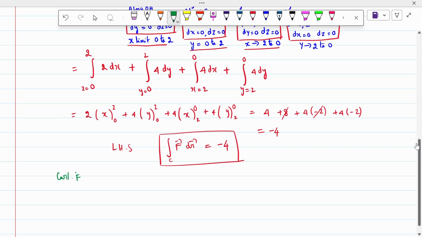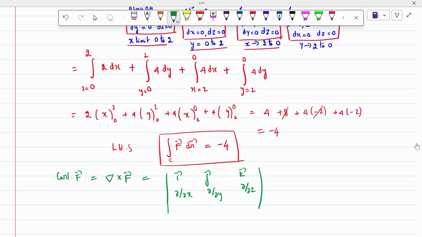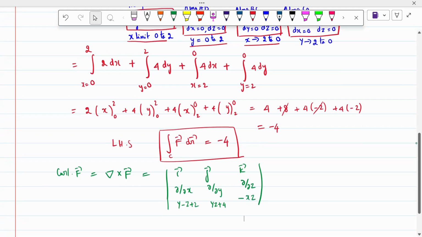Curl of F vector is nothing but del cross F vector. Everyone knows to write del cross in a determinant format with i vector, j vector, k vector, then del by del x, del by del y, del by del z. The first element is the i coefficient of F, the second element is yz plus 4, the third element is minus xz. It is a normal matrix determinant.